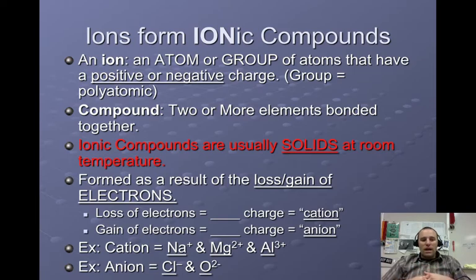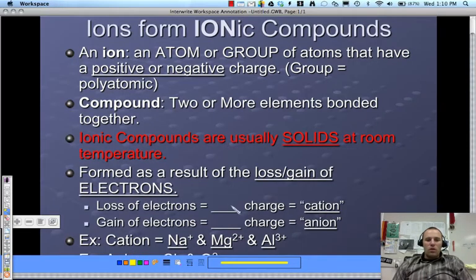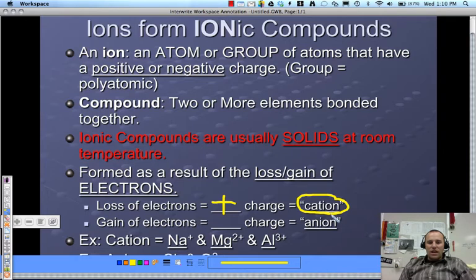We know that ions are formed as a result of the loss or gain of electrons. If you lose electrons, what kind of charge do you take on? Hopefully you said a positive charge. If an ion has a positive charge, it has a special name. It's not called a cation, okay, it's called a cation.